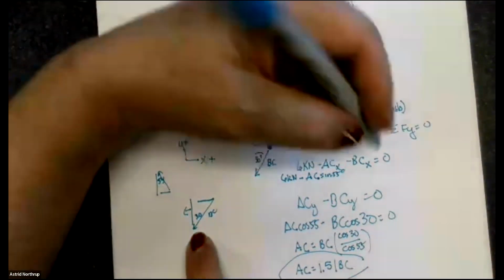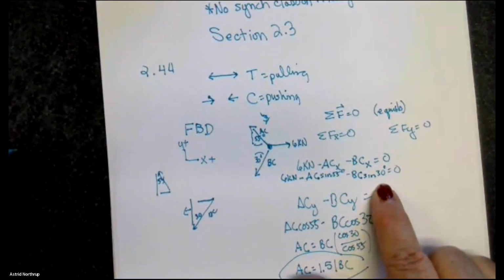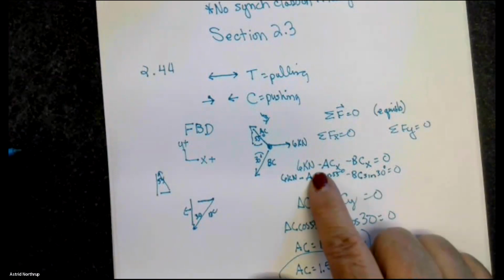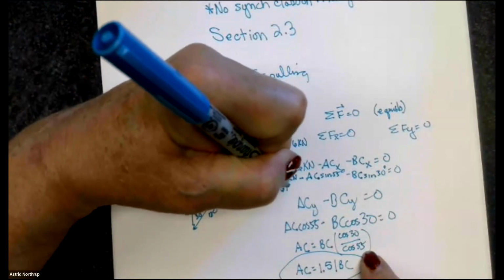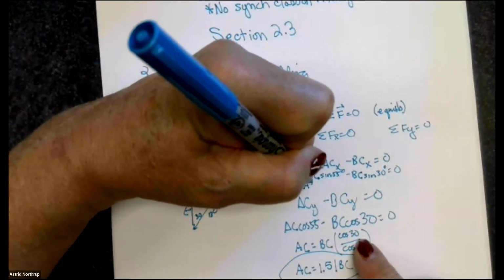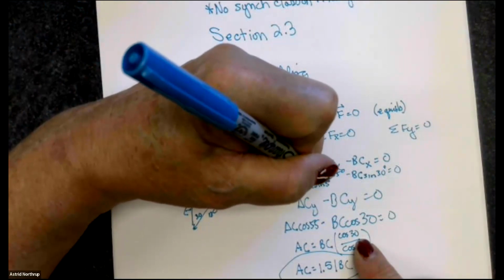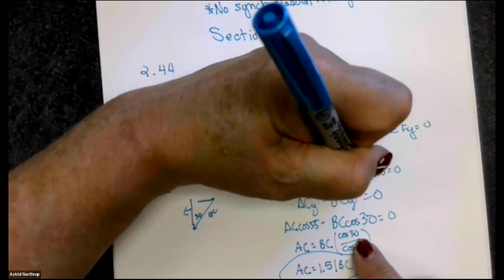And now for BC, BCX is BC times the sine of 30 degrees, and that's equal to 0. So if I bring the two terms with variables in them to the right-hand side of the equation, I get 6 kilonewtons equals AC times the sine of 55 plus BC times the sine of 30.